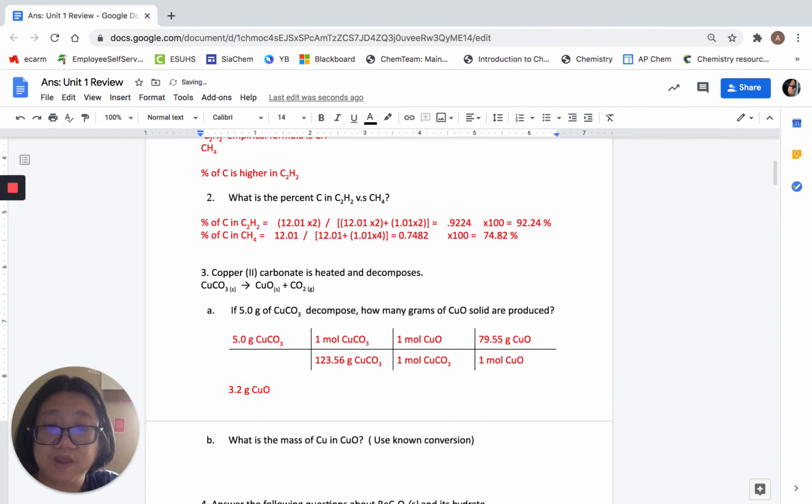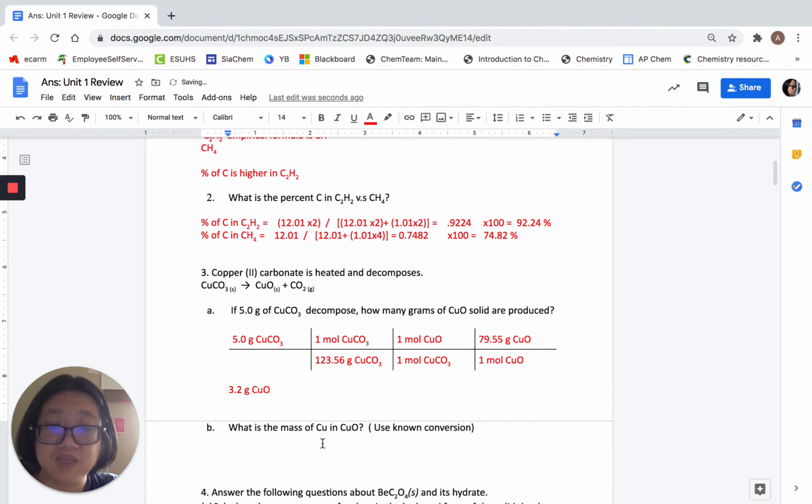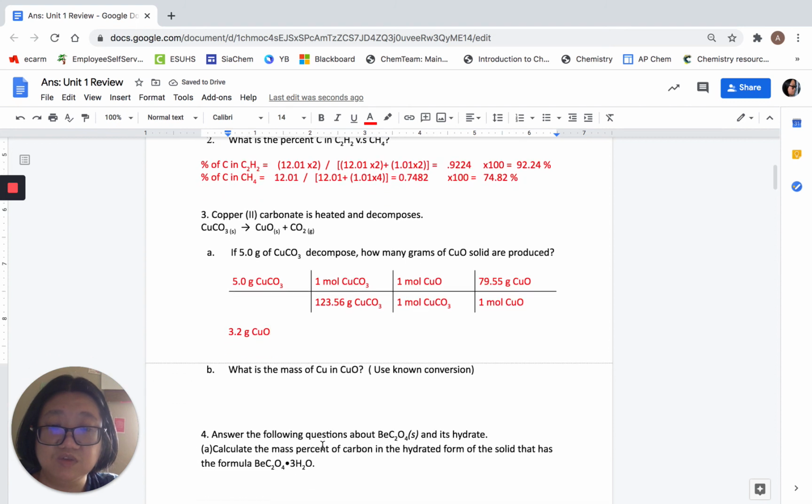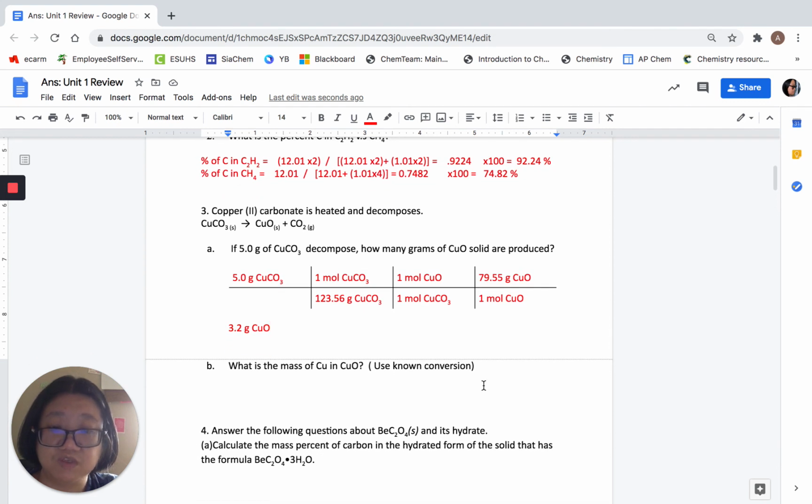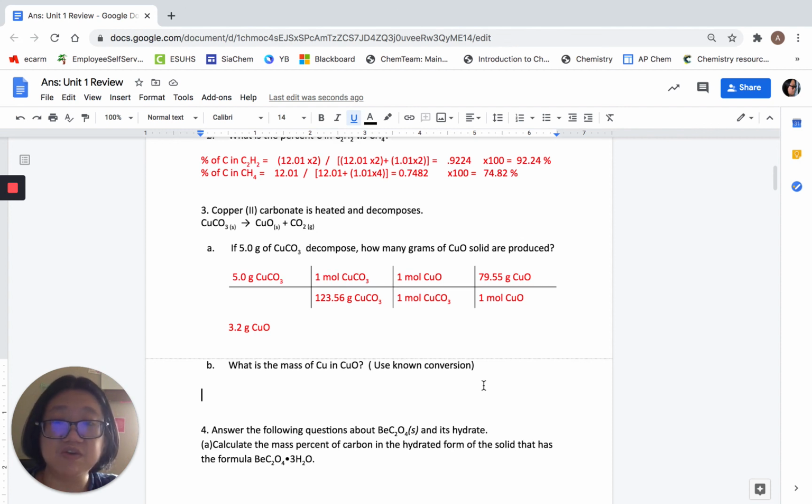So, what is the mass of Cu in a CuO? Use no conversion. So pretty much we're talking about the periodic table. What is the mass of Cu in a CuO?